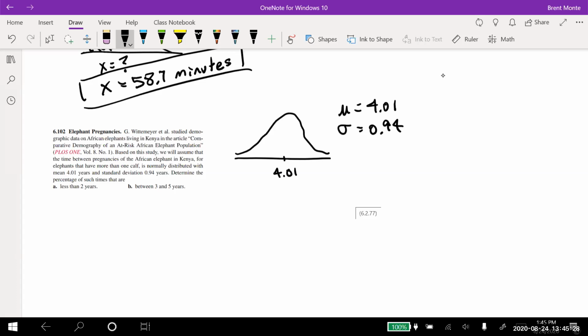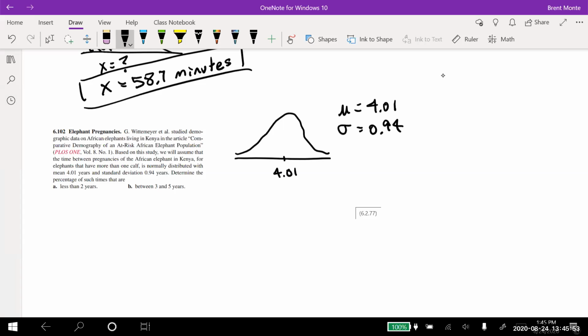Now we're ready to go on to the questions. So the first question, notice it says, determine the percentage of such times that are less than 2 years. All right, so let's try that. So if the average is 4.01 years, how many elephants actually have their offspring in less than 2 years? All right, well, let's see.